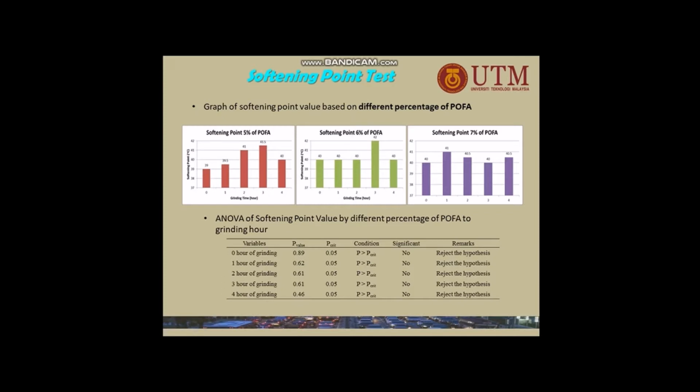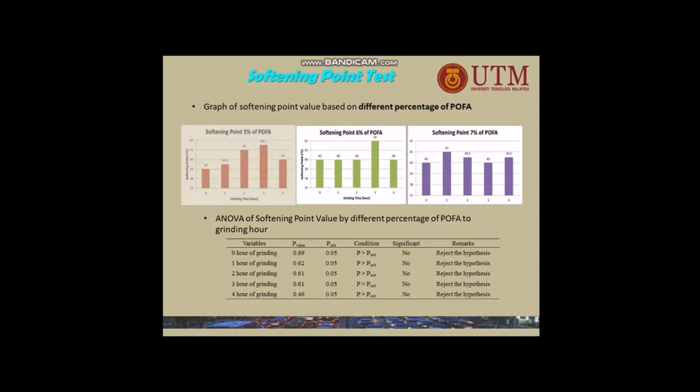Meanwhile, for 7% of POFA, inconsistent values were recorded. Further investigation was done by conducting ANOVA. Based on the ANOVA analysis, P is greater than P critical, which means the hypothesis is rejected. This proves that different grinding hours have no significant effect on softening point value.